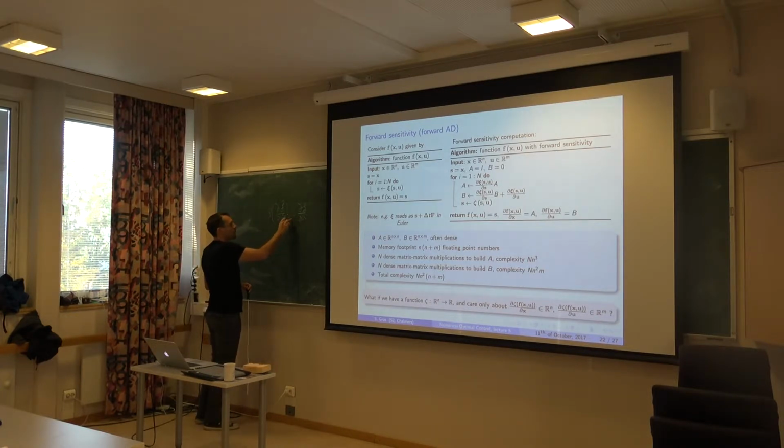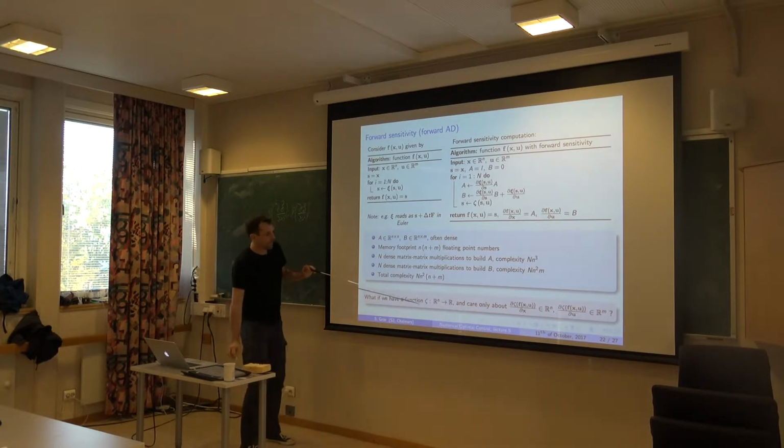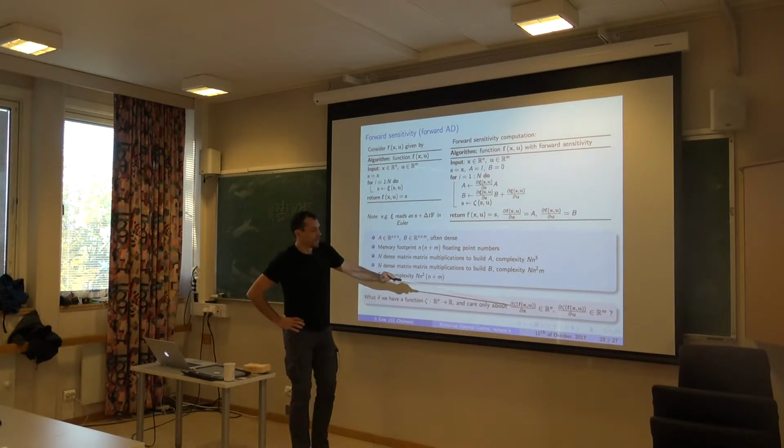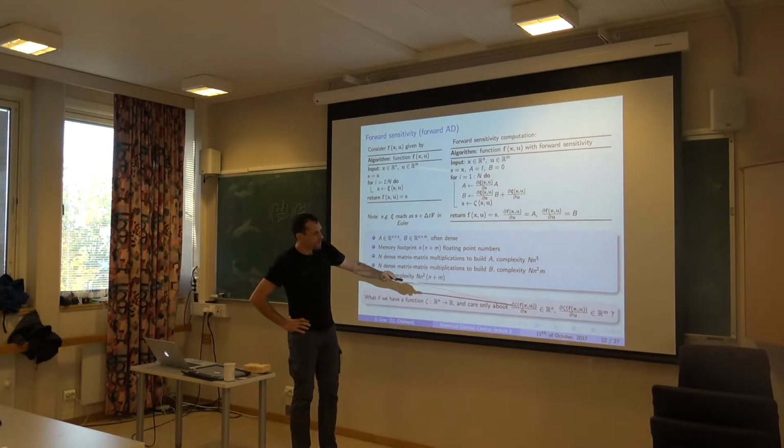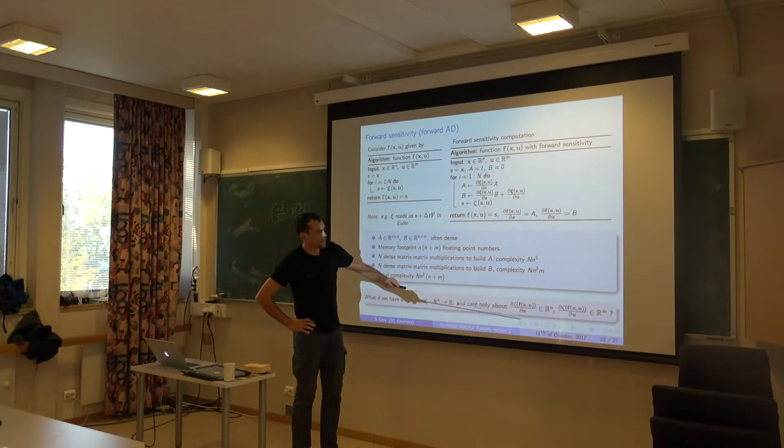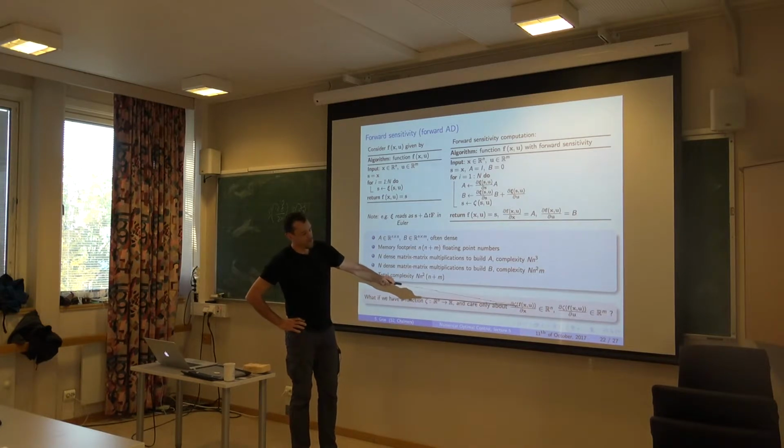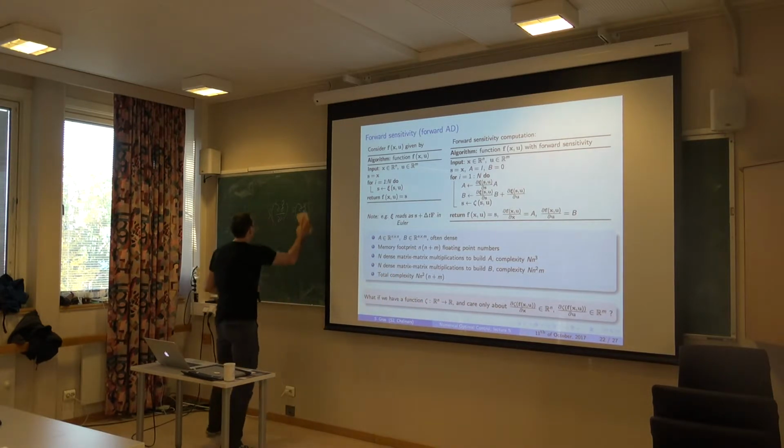For example, something like this. You have some function that maps Rn to R, and you evaluate it over these and then you want to differentiate that function with respect to x, as opposed to the full f.